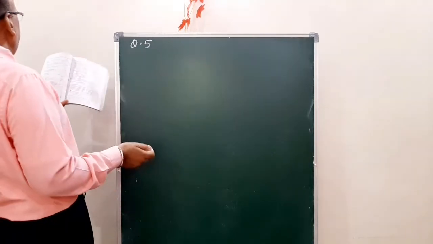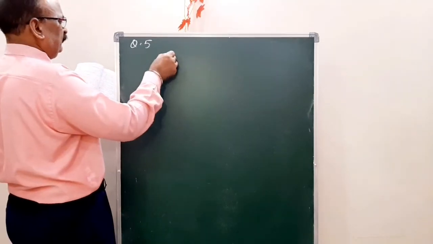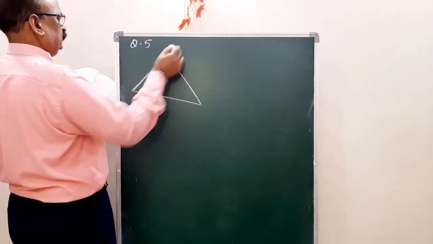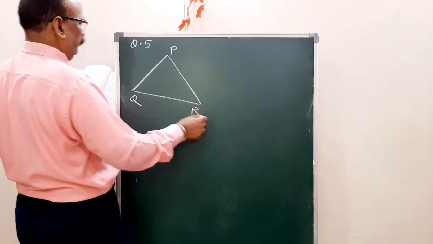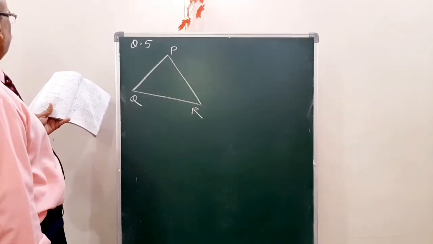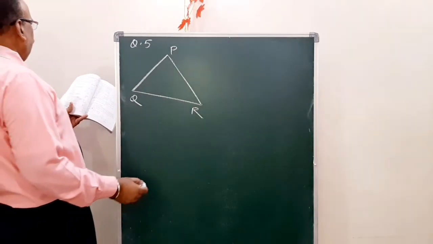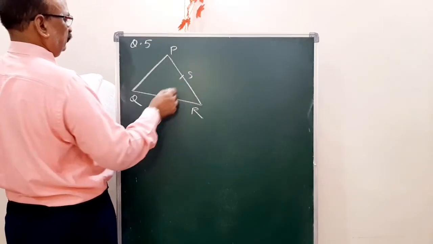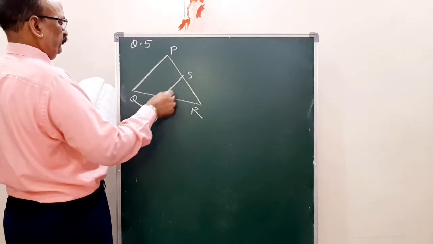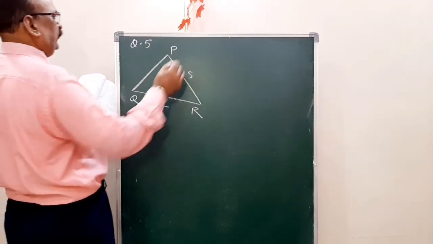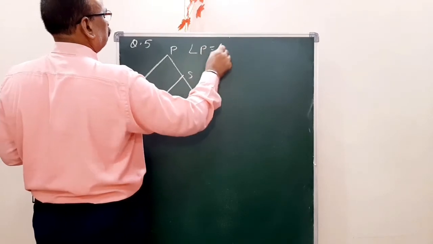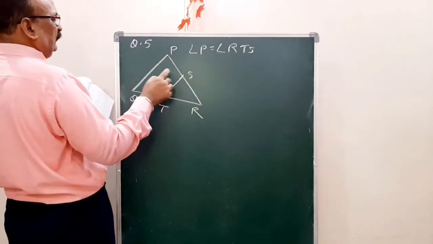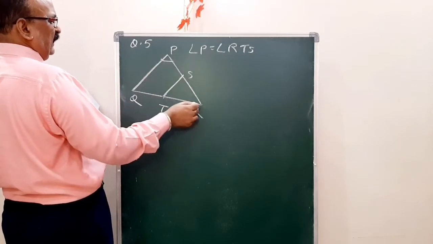Question 5 is: PQR is a triangle, and S and T are the points on PR. Angle P is equal to angle RTS.